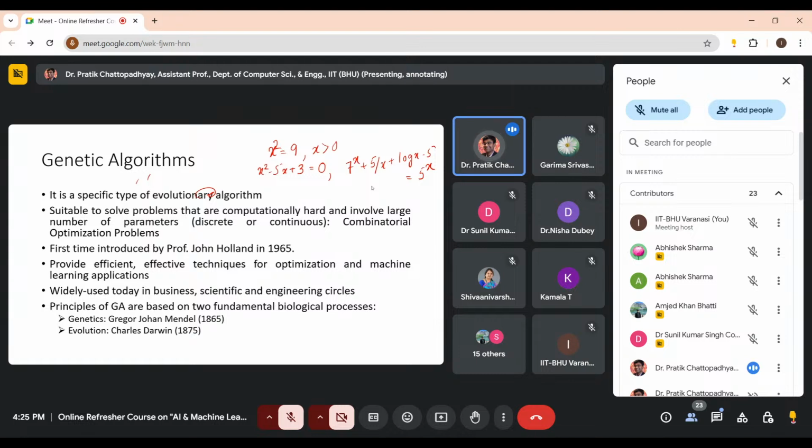So one option is, if we know the range of x, suppose someone tells us x varies within a certain range, we can try to put some numbers in that range and check whether the value of this expression is close to 5 to the power x or not. But that becomes computationally hard. That is the point, that it involves a lot of calculations, basically.